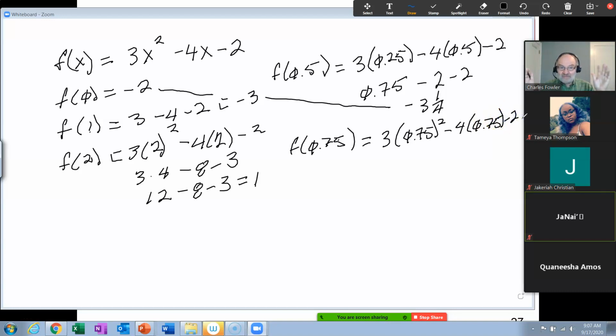So on your calculator, do exactly that. 3 times 0.75 and then find the x squared key. Press it. Minus 4 times 0.75 minus 2.